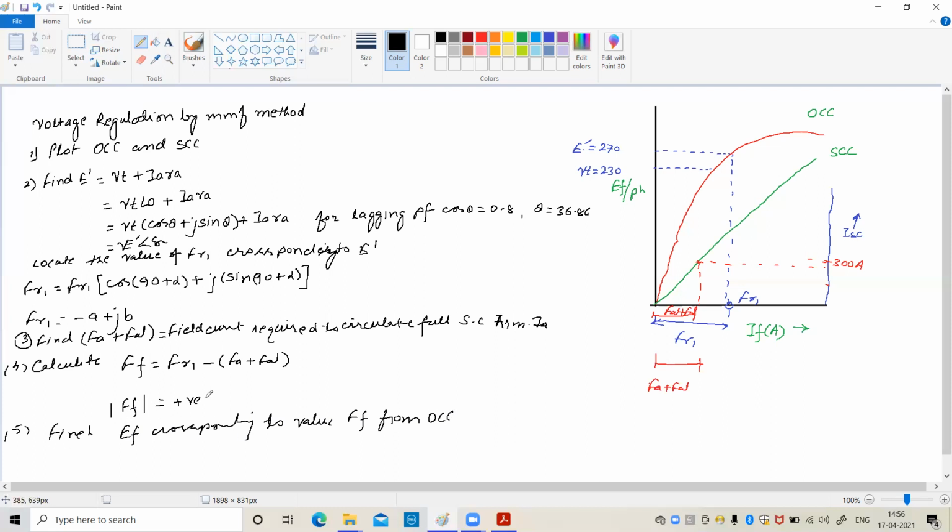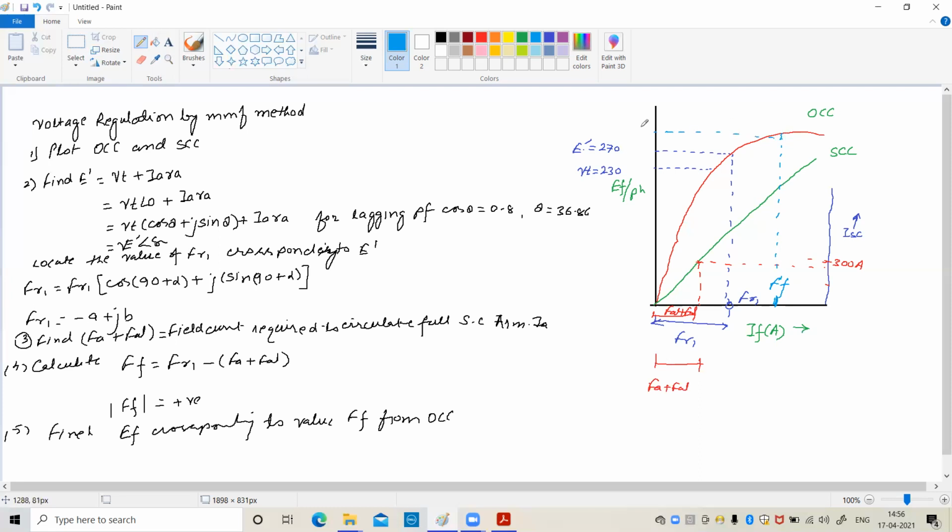First of all, we have to locate the value of excitation MMF. Say this FF is over here. So this is the value of FF. Go to the OCC and find the value from the graph.